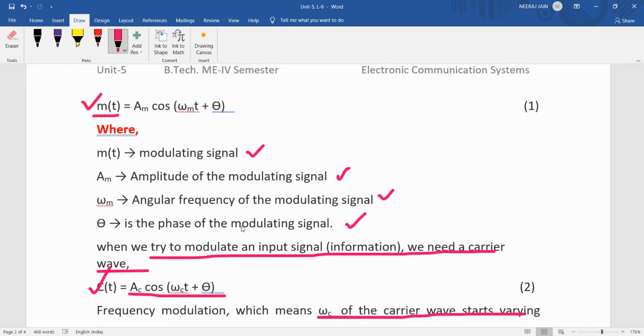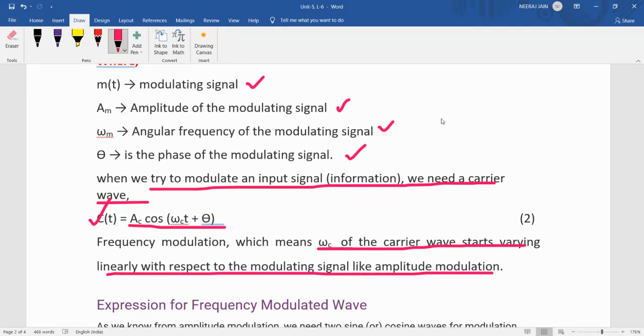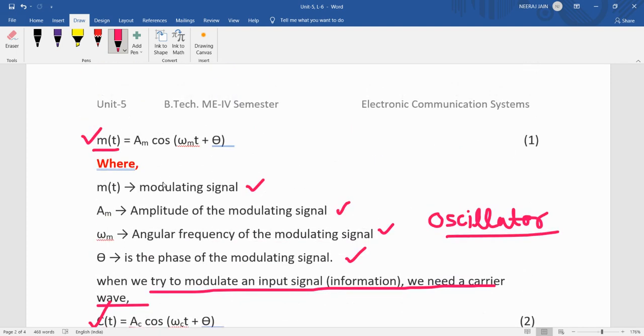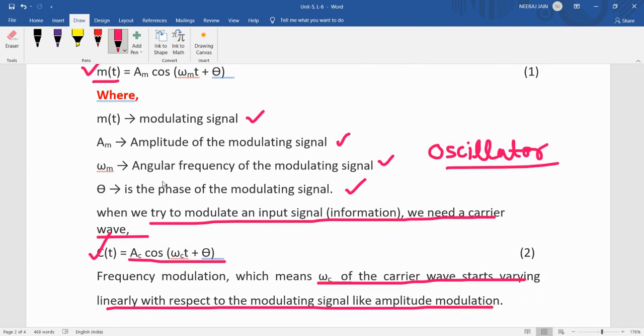The modulating or carrier signals can be generated with the help of an oscillator. An oscillator can generate different frequencies, for the carrier wave and the original modulating or message signal.